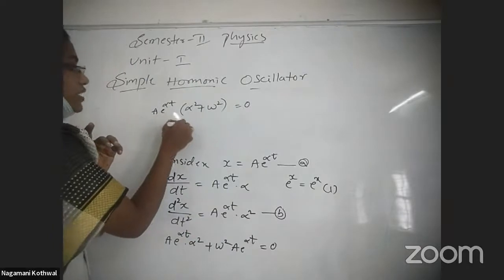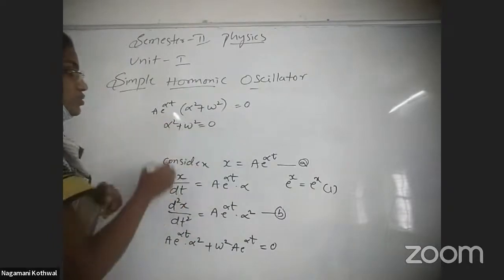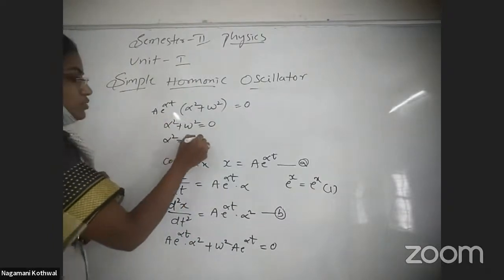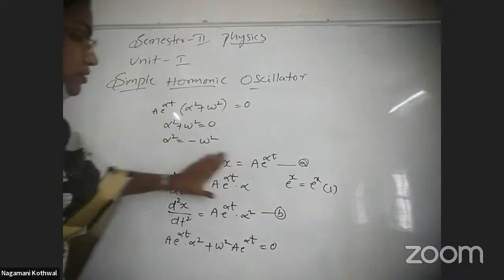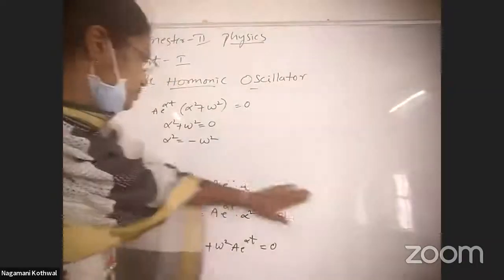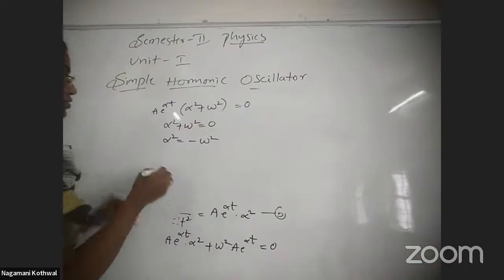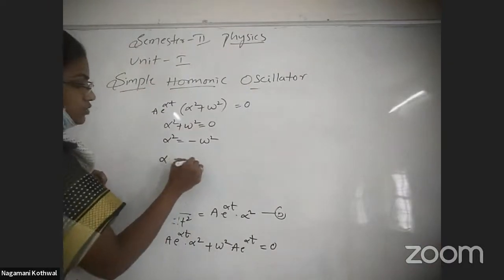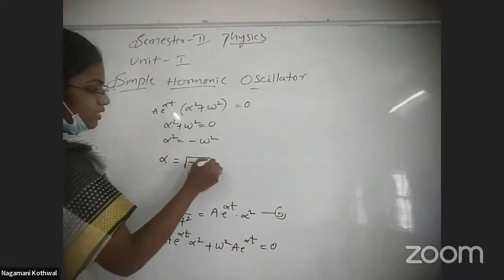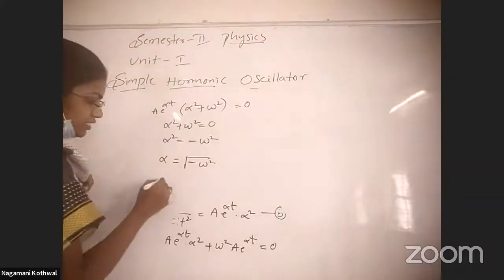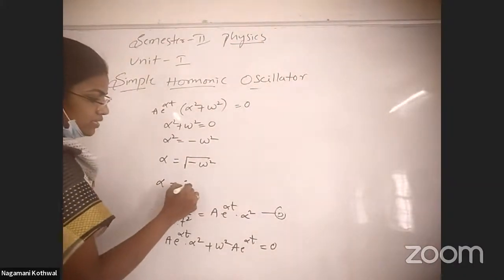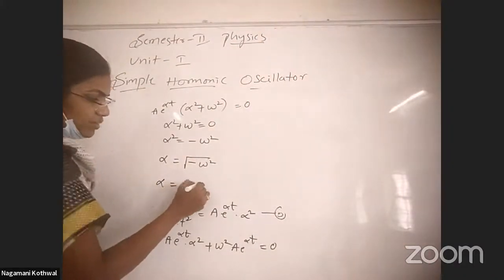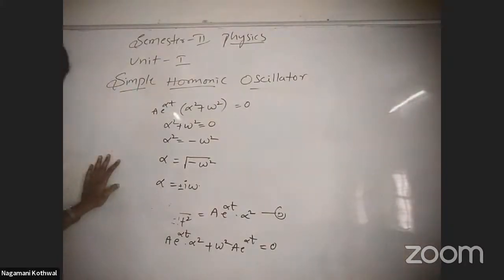So alpha square plus omega square is equal to 0. Alpha square is equal to minus omega square. The square gets cancelled. Alpha is equal to plus or minus i omega. Right? You got alpha.